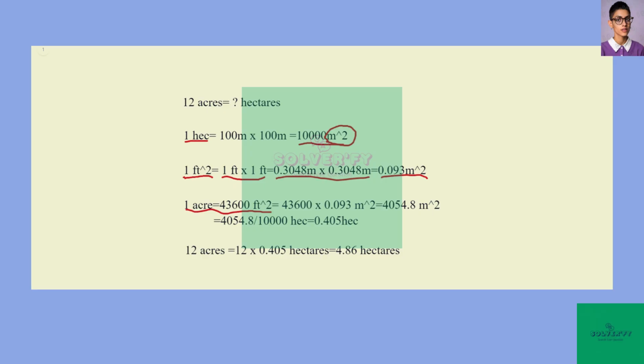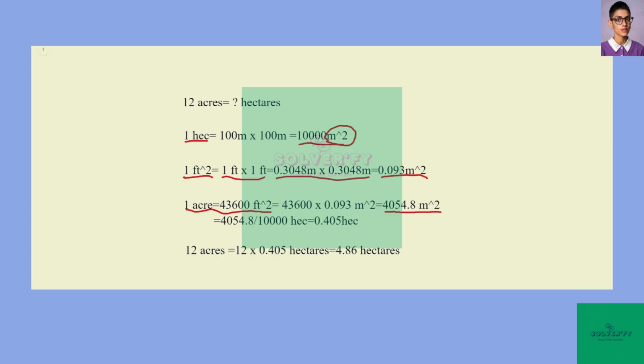Then, knowing the relation between feet squared and meters squared, we can now calculate that 1 acre would equal 4,054.8 meters squared. So now we have both units linked with the meter squared.